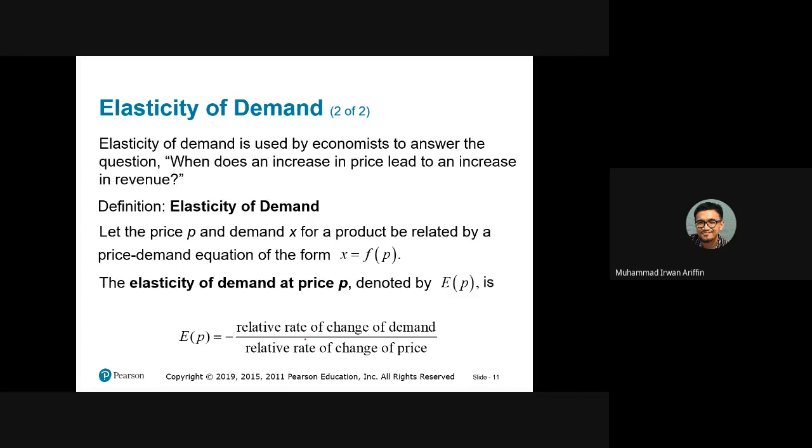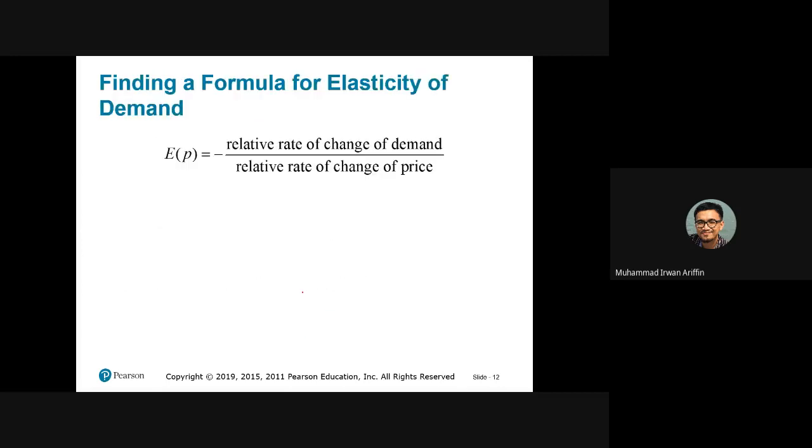We can simply apply the concept of derivative, where the demand function, which is a function of price, we differentiate to find the rate of change, the relative rate of change.